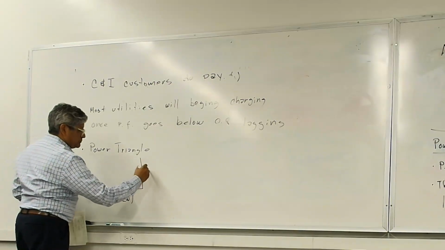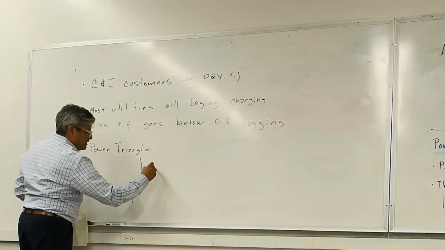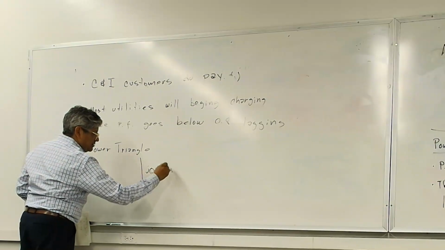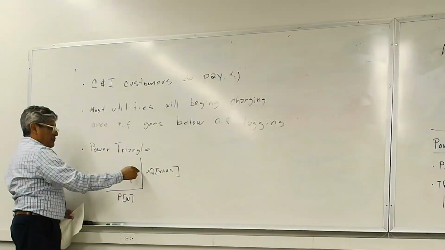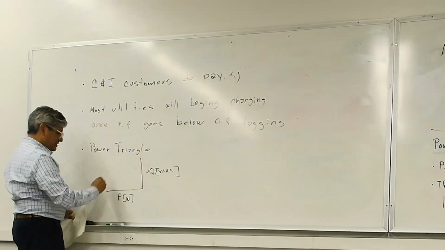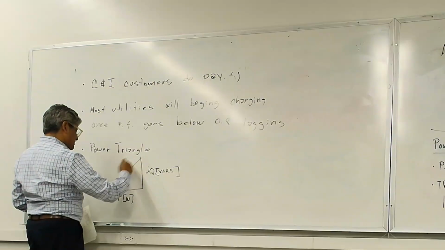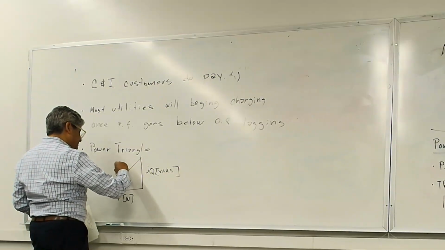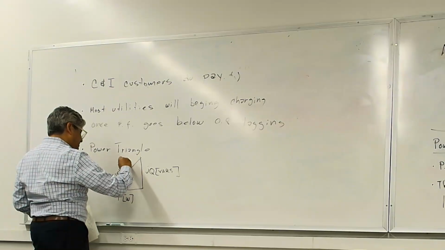Q, jQ, in vars, is the projection of the apparent power along the y-axis, and S magnitude is in volt amperes.